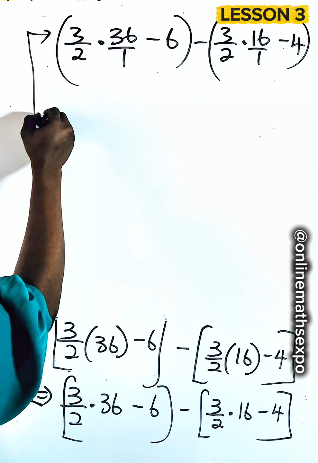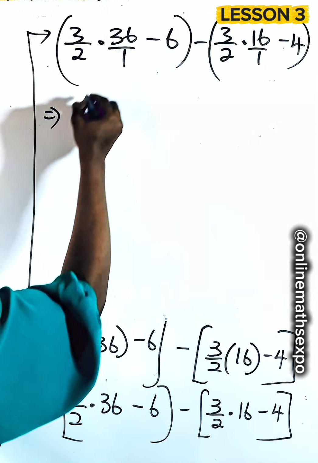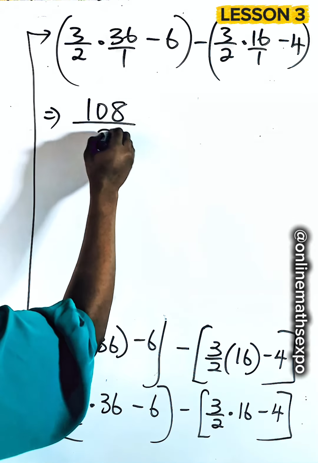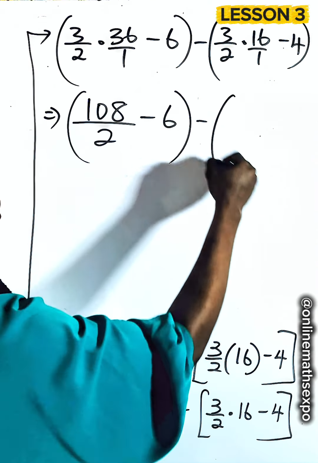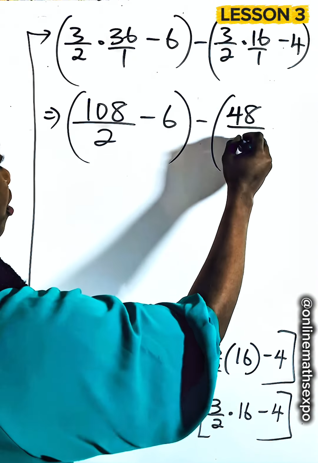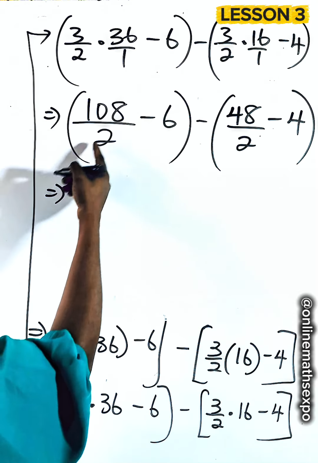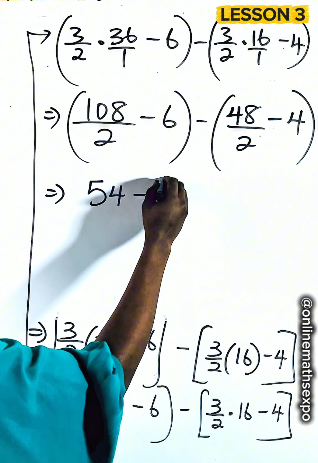So let's simplify. Remember your BODMAS or your PEMDAS. So multiply this. This times this gives us 108 divided by 2 minus 6. Then we have minus, this times this gives us 48, this times this is 2, minus 4. So this is the same as, if you divide this, it gives you 54 minus 6.